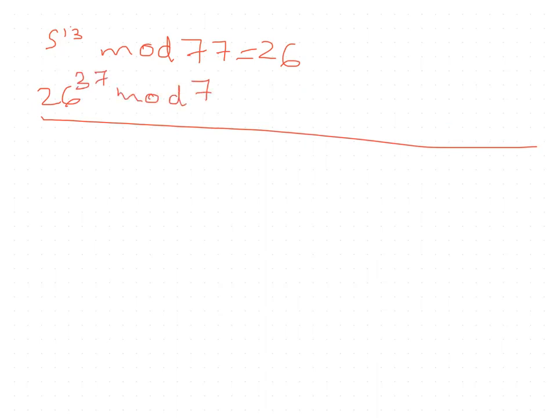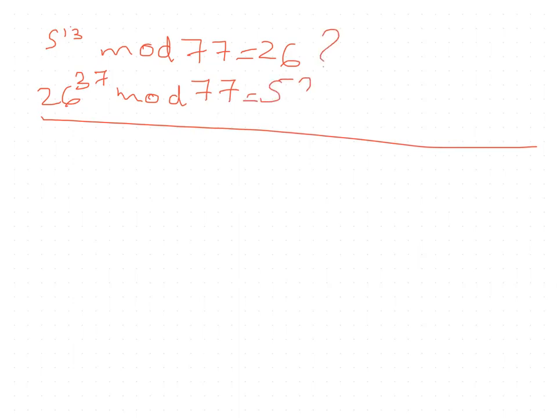I'm leaving the example that I did earlier because it already has the answer, so I'm leaving it to you to solve: how it became 26, and how 26 to the power 37 mod 77 is equal to 5.